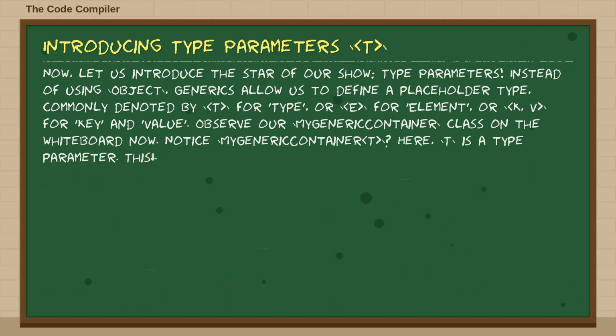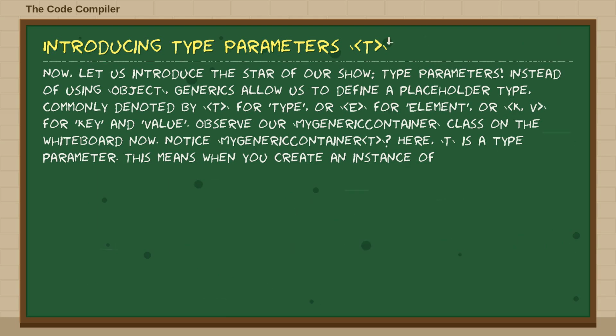Notice MyGenericContainer<T>. Here T is a type parameter. This means when you create an instance of MyGenericContainer, you can specify what type T should be. For instance, new MyGenericContainer<String> creates a container specifically for String objects.